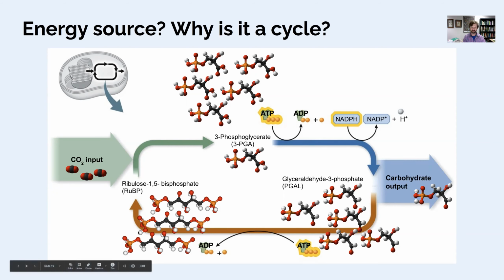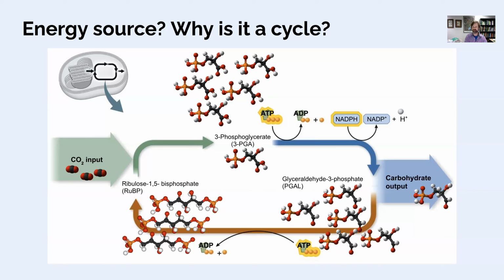Over here, we have an important step where we go from 3 carbon molecules to 5 carbon molecules. So five 3 carbon molecules get converted into three 5 carbon molecules. And then each of those can associate with 1 CO2 molecule. As we saw before, this 5 plus 1 is 6 carbon atoms, and each of those turns into two 3 carbon molecules. And it goes around in a cycle. So for every turn of this cycle, we get 3 carbon dioxides in, and one 3 carbon carbohydrate out.